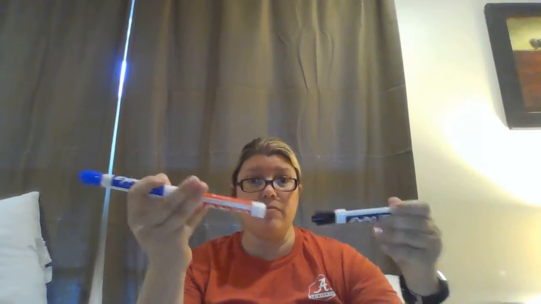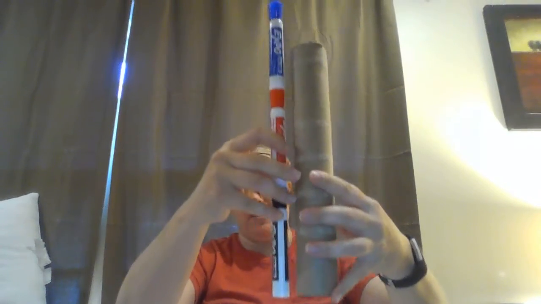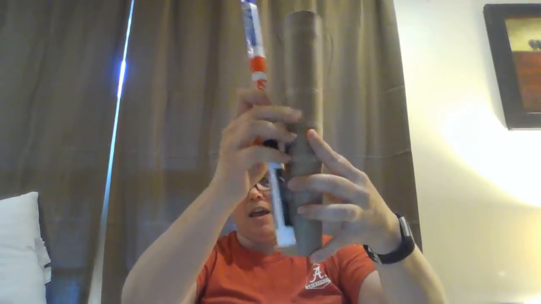Today we can use something like a dry erase marker, and I can put them end to end to find out how long my paper towel roll is. We want to make sure that we start the paper towel roll down at the bottom, so we want it to be equal down here at the bottom.